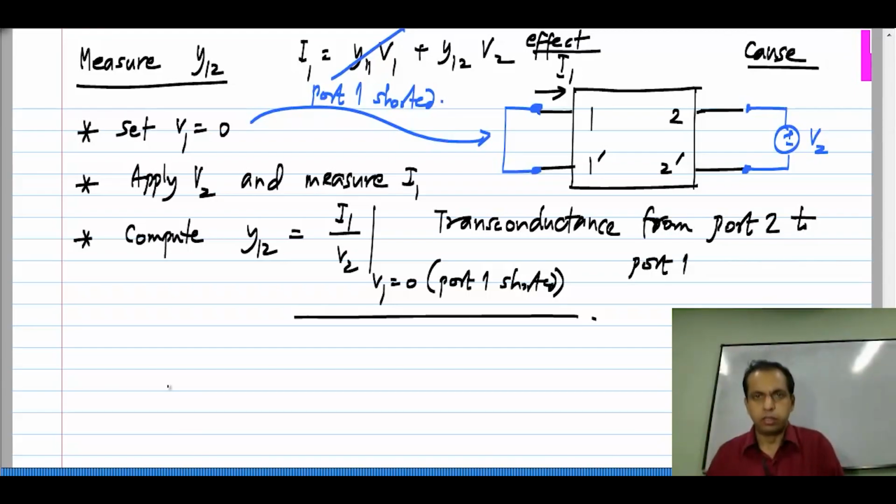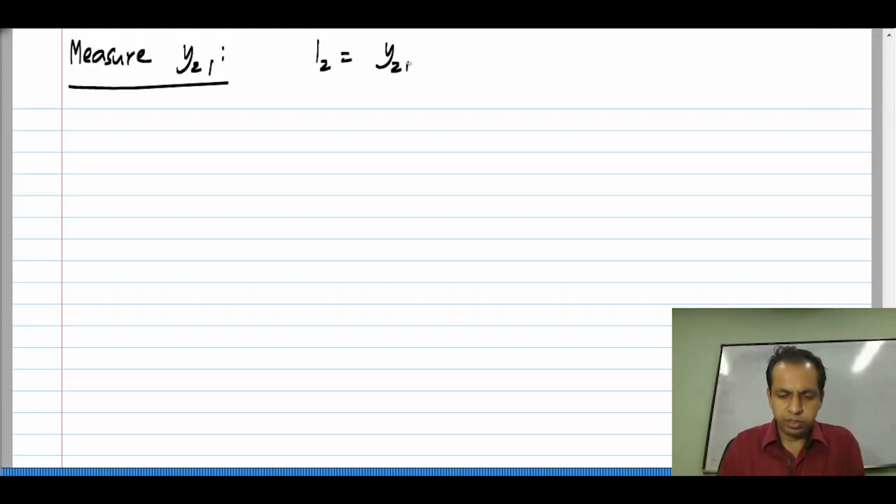Now, we can see that by obvious extension, we can measure the other 2 parameters as well. We can measure Y21. I2 is Y21 V1 plus Y22 V2. To retain only the term containing Y21, we set V2 to 0.